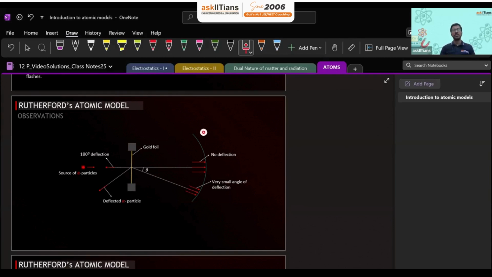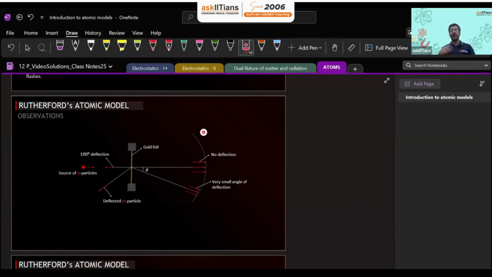These are the observations from these experiments. Now you have to come out with some conclusions, right? So what are the conclusions here? Out of the beam of alpha particles passing through this gold foil, the majority pass straight through.